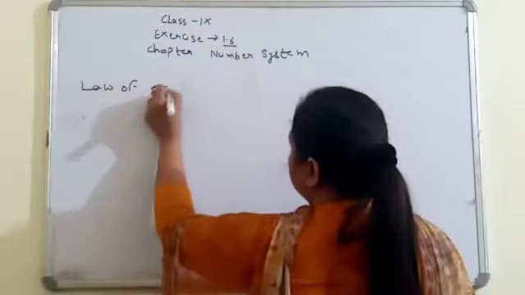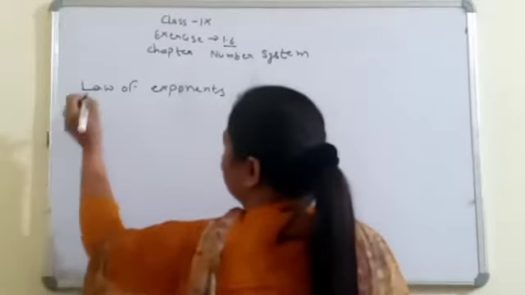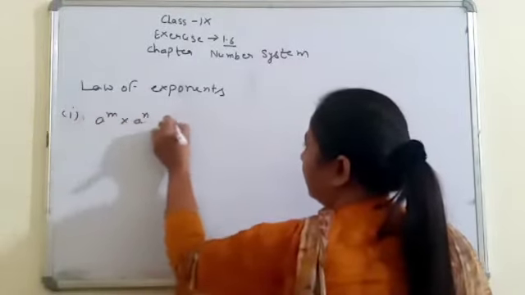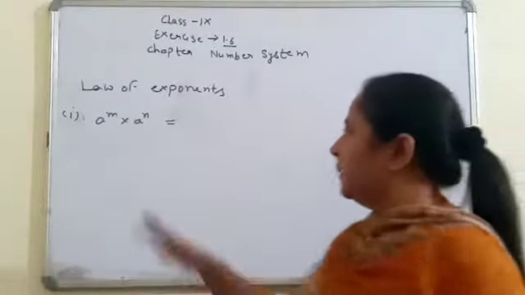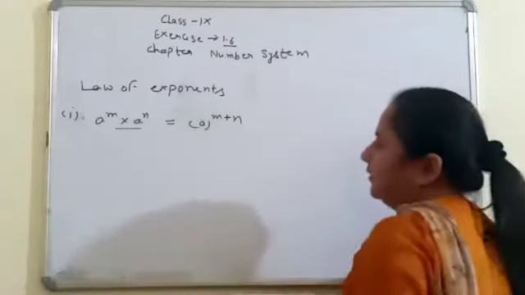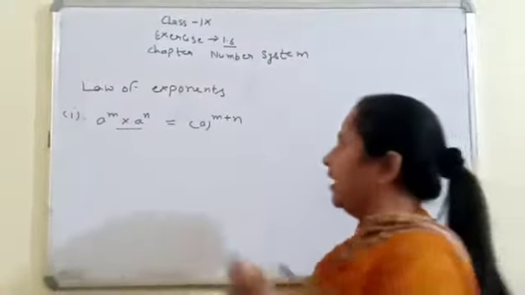Law of exponents. First is when bases are same and powers are different and they are multiplied, then the powers will be added.